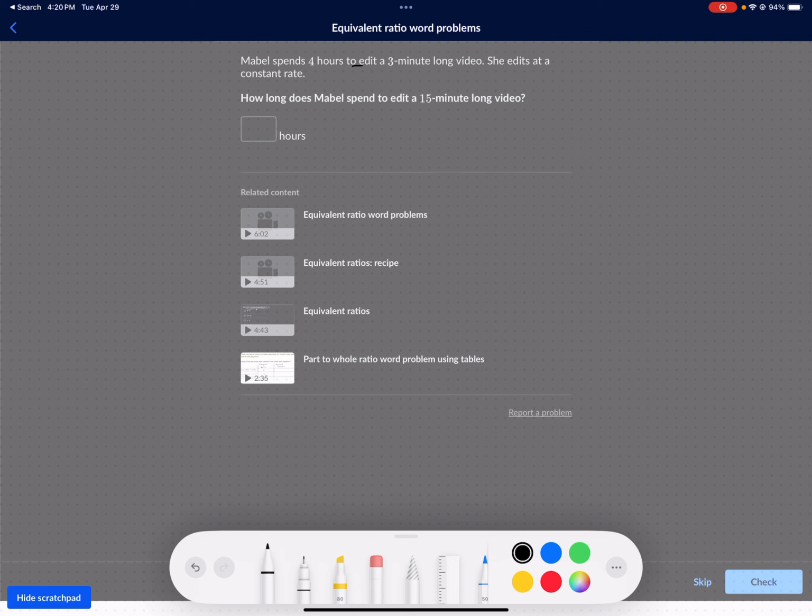But to edit a 3-minute long video, we need to understand how many hours it takes to get 15. So 15 over 3 is equal to 5. You see what I did here? I am getting 5 because that's going to be the amount I'm multiplying by. So to edit a 15-minute long video, we get 4 times 5, which is equal to 20.